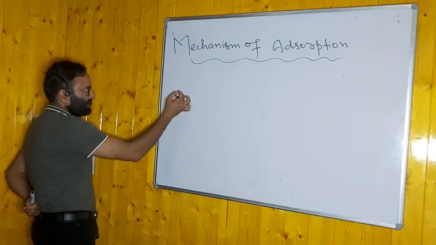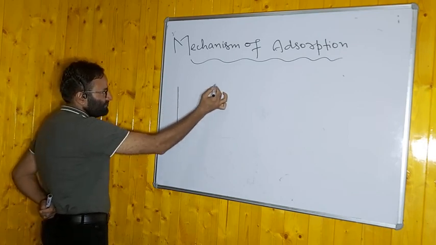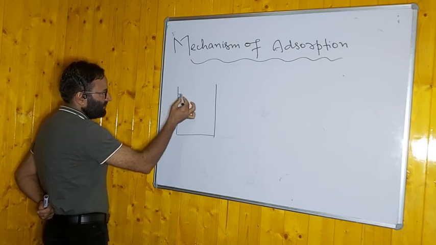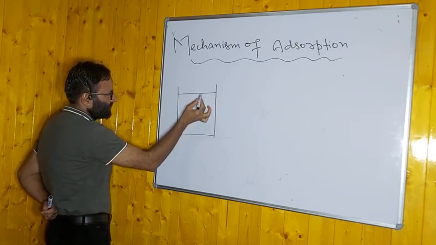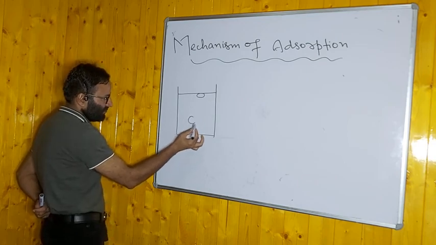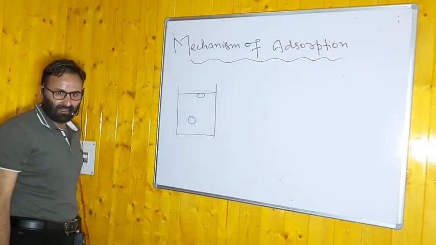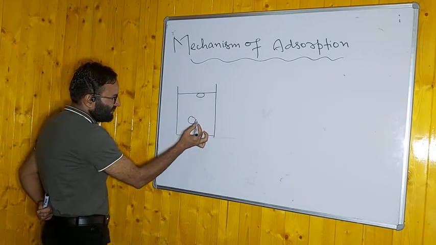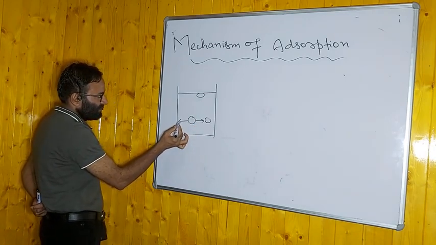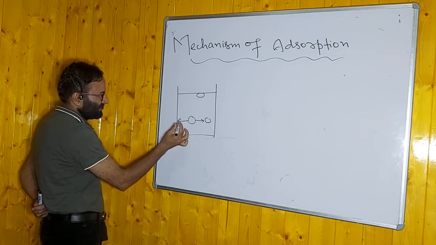If you consider a liquid, you have learned that the surface molecules behave differently than the bulk molecules. A bulk molecule is attracted by other molecules in all the directions.